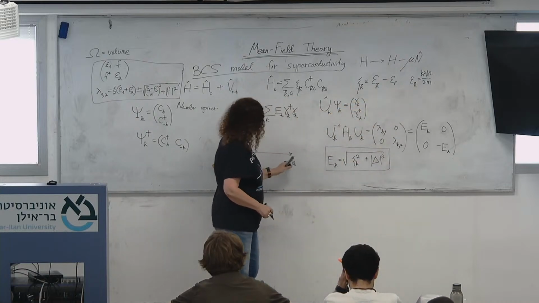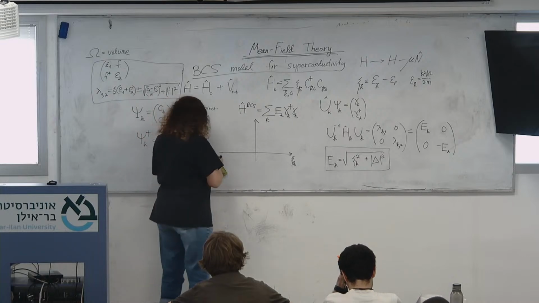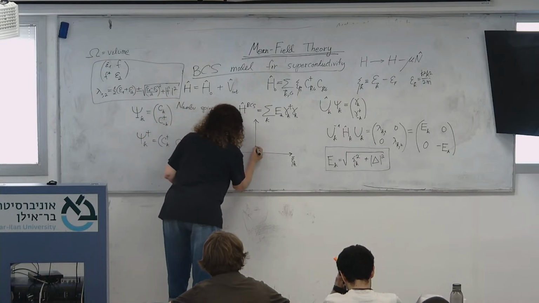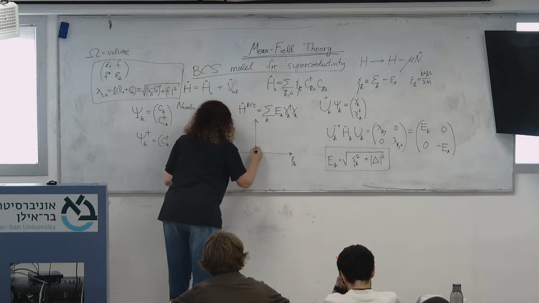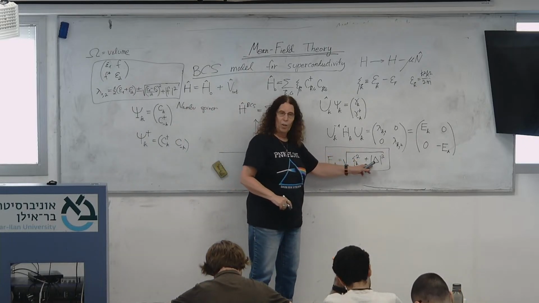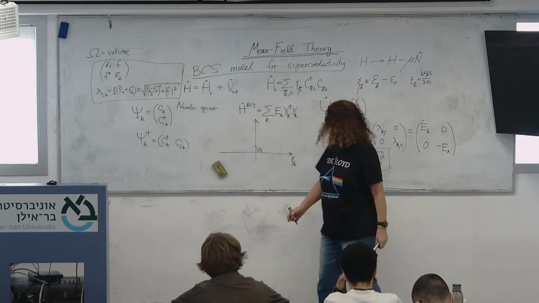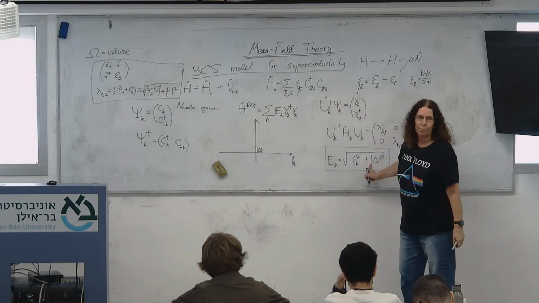So let's just plot it as a function of psi. And it has a minimum delta, absolute value, because delta is a complex number, but notice that the energy, which must have real values, depends on its absolute value.